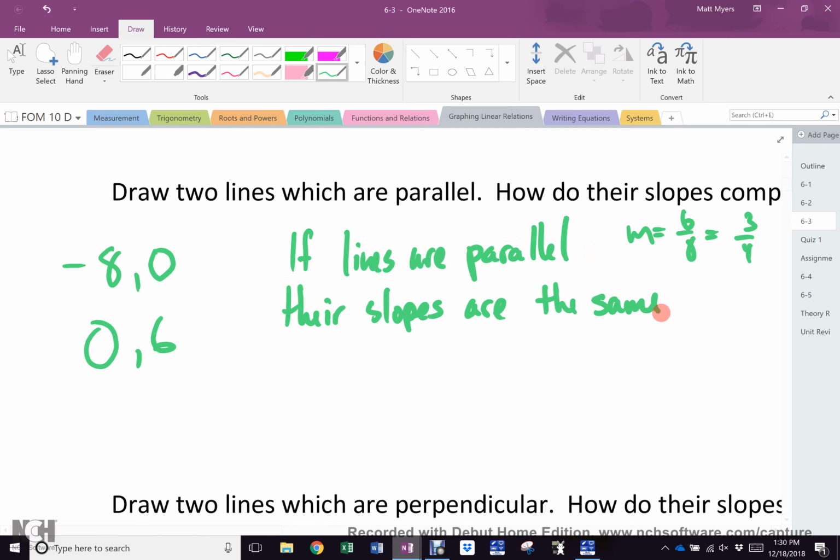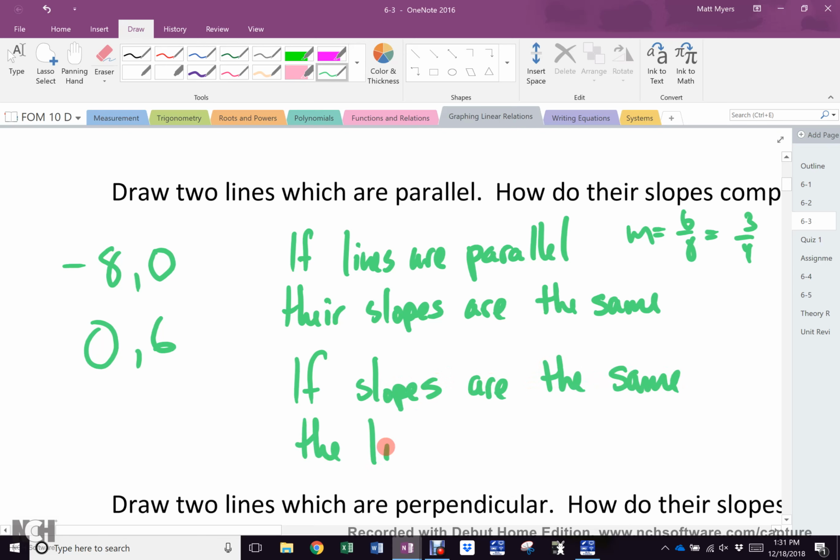Everybody cool? That's what perpendicular means. Any two things that crash into each other and make a 90-degree angle are perpendicular. All right? What is the easiest way on a graph to show perpendicularity? Yeah, up and down, right?